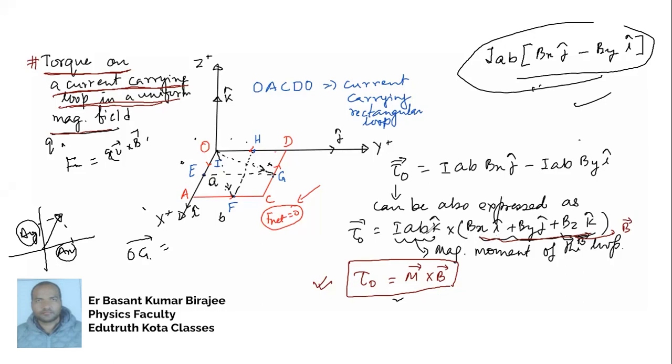If you take the cross product of these two vectors, then see, I A B you can write outside, and see the cross product of the k vector with the i vector. K cross i is how much? K cross i is j. This is how you calculate i cross j, j cross k, k cross i. See, k cross i is j. So what we will have is Bx, and then you will have j.